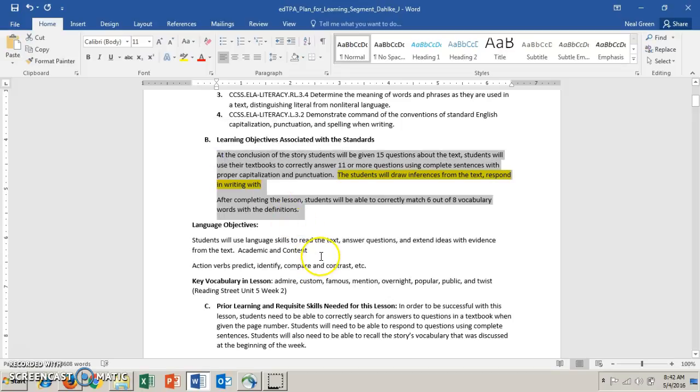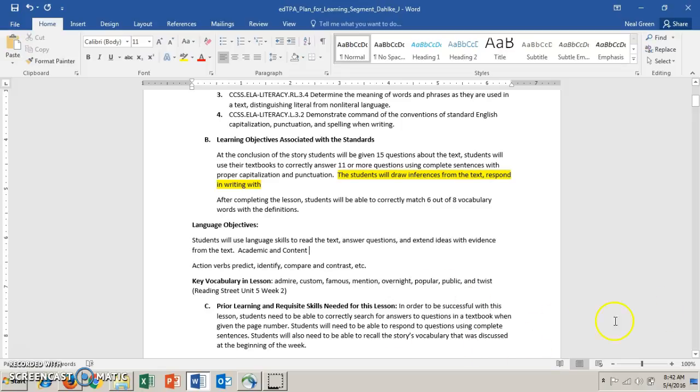All right, and then the vocabulary words, which I'm reading here, such as, I put that in the wrong spot, sorry. But admire, custom, famous, mention, overnight. Okay, those would be vocabulary words for sure.